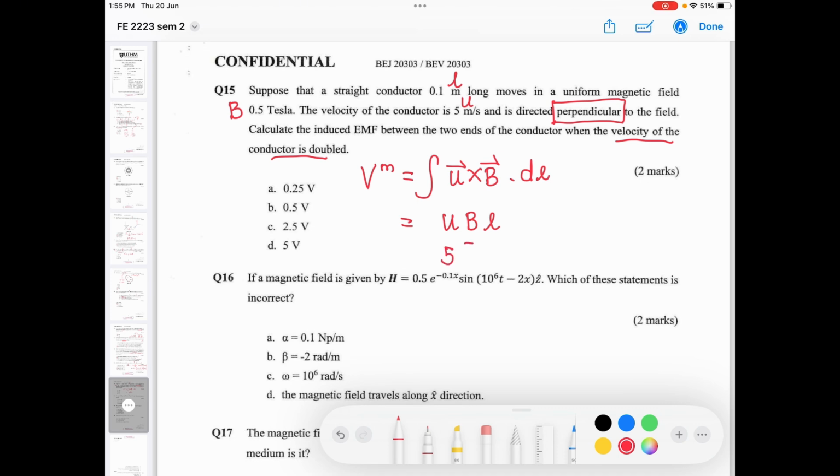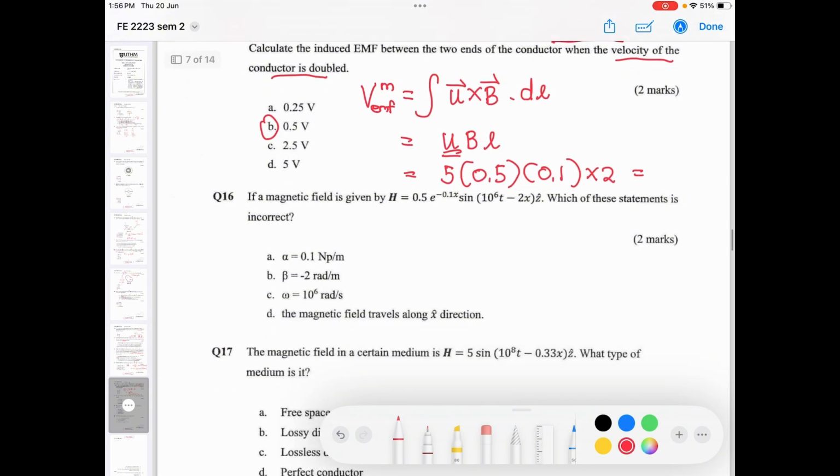So u is 5, B is 0.5, and then the length is 0.1. Okay, so this is the motional EMF. But here it says that the velocity is doubled, which means it becomes 10. So what would be the answer? It's 5 times 0.5 times 0.1 times 2. So you have 0.5.